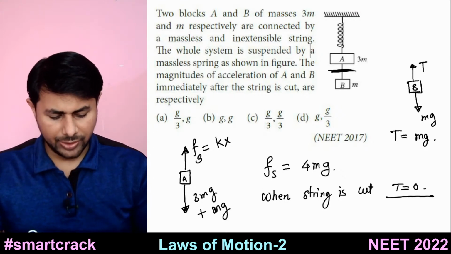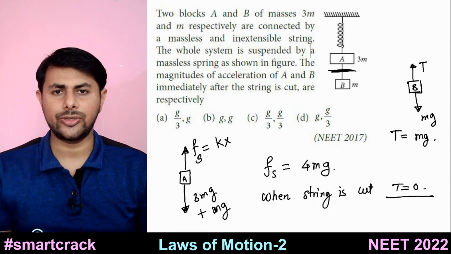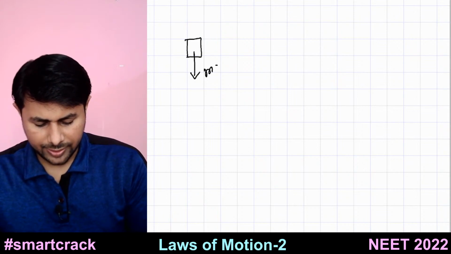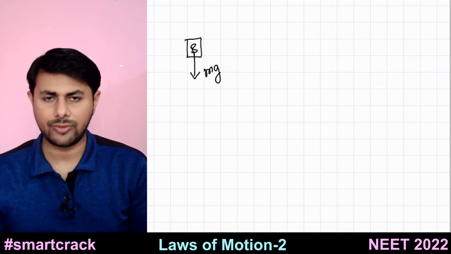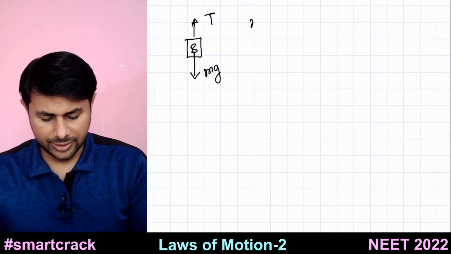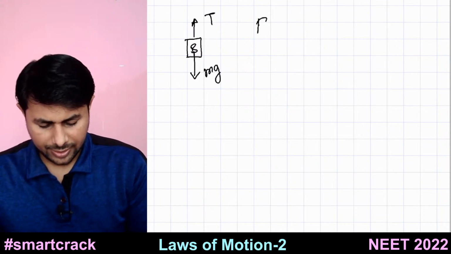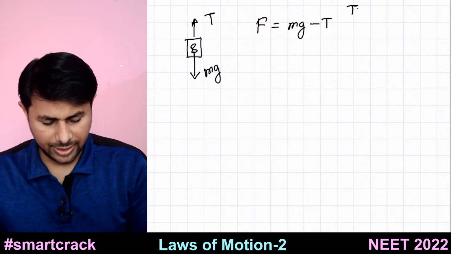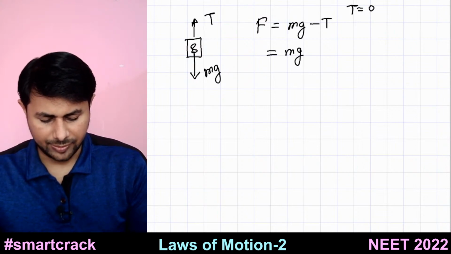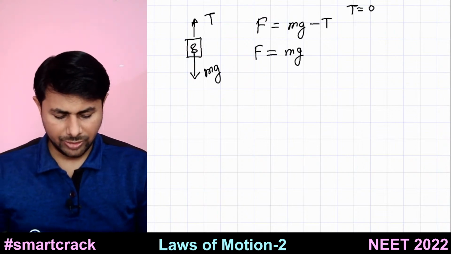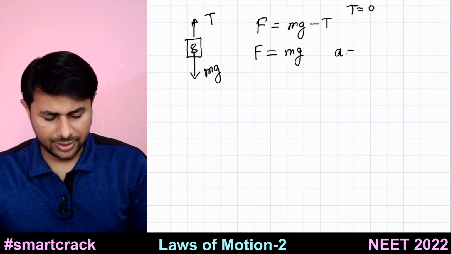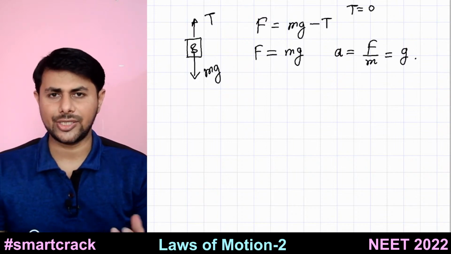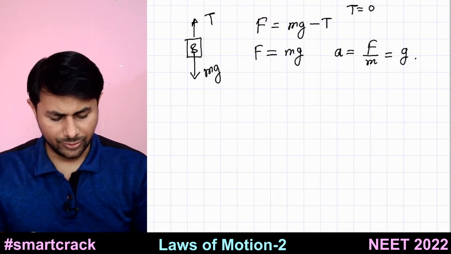Now if you talk about B, there is only one force, the gravitational force, because the other one was tension in the string. The net force is mg minus T, and since T equals zero, it is just mg. So the acceleration is force upon mass, and that's equal to g.